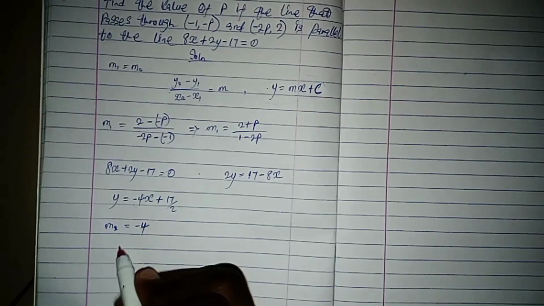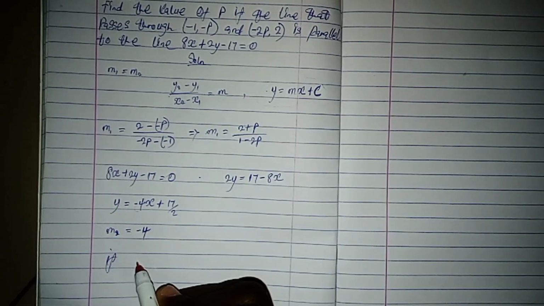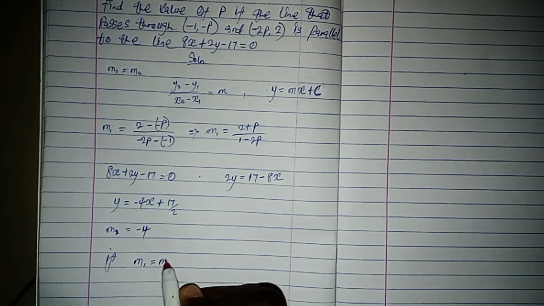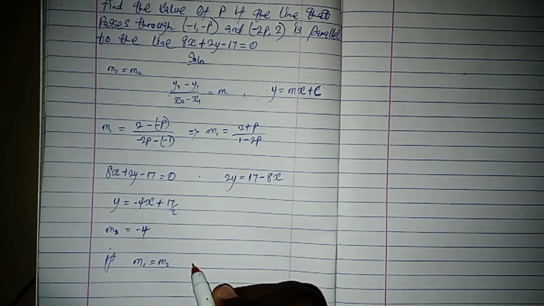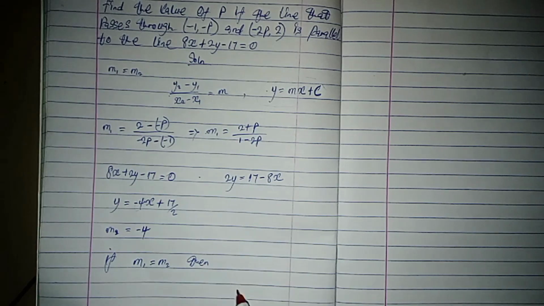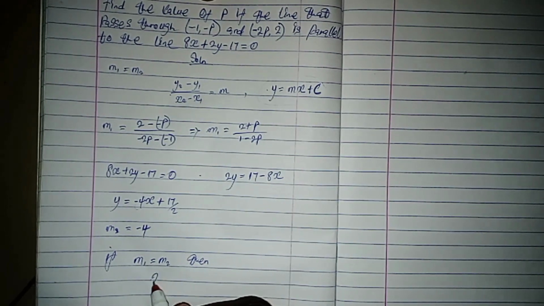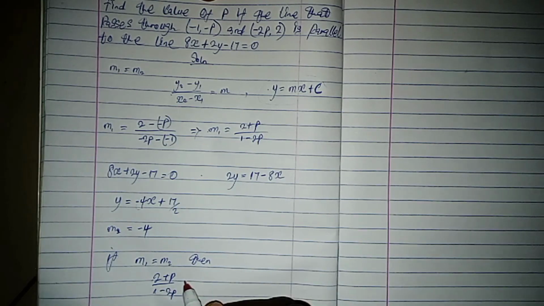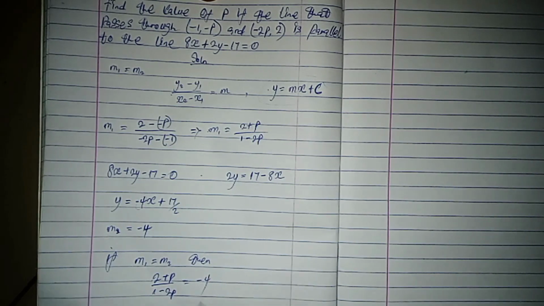So if m1 equals m2, then we have that (2 plus p) over (1 minus 2p) equals minus 4.